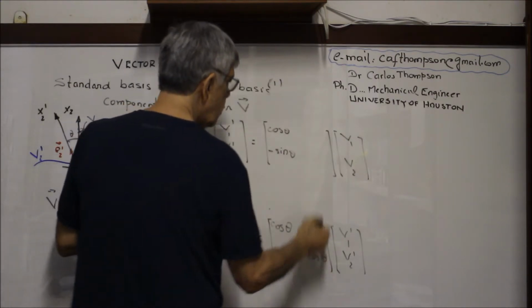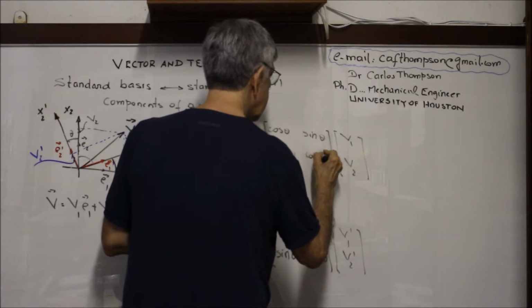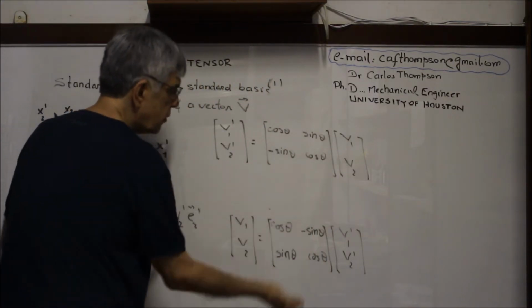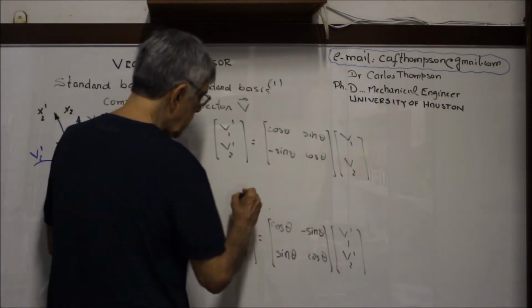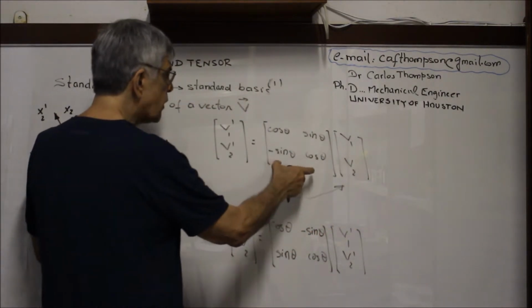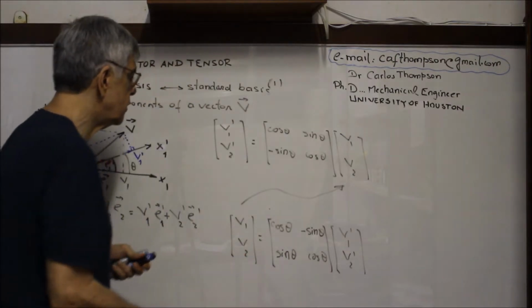And this is the second row, will be the second column. Now this matrix, obviously, the product of the matrix by this matrix will be the identity.